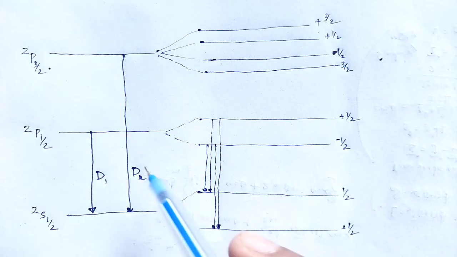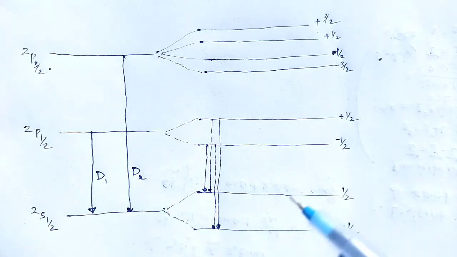Next, the allowed transitions for the D2 line. What are the allowed transitions?